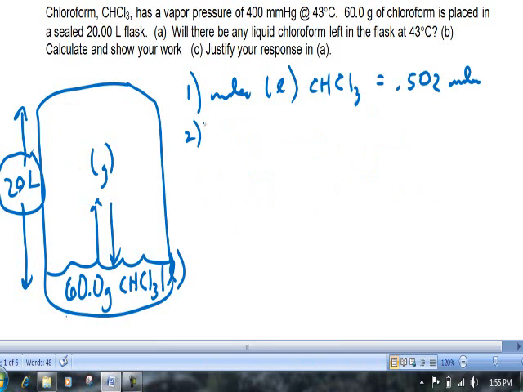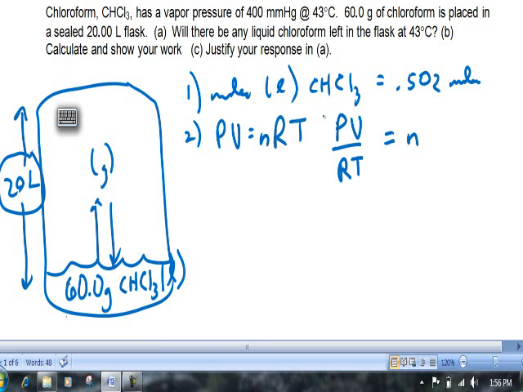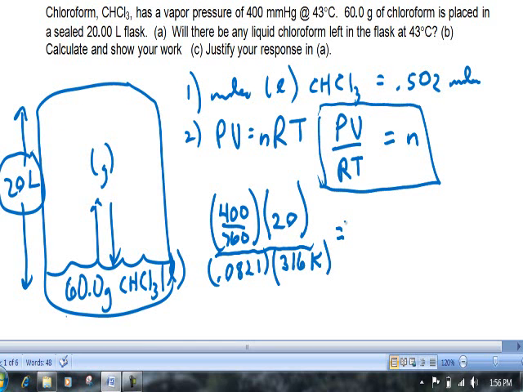The second step now is we want to find how many moles of chloroform would be present when we establish the vapor pressure in our flask. For this, we're going to use PV = nRT, and solve for the number of moles that would be gaseous at the vapor pressure. Rearranging, we have PV over RT will give us our number of moles that are gaseous.